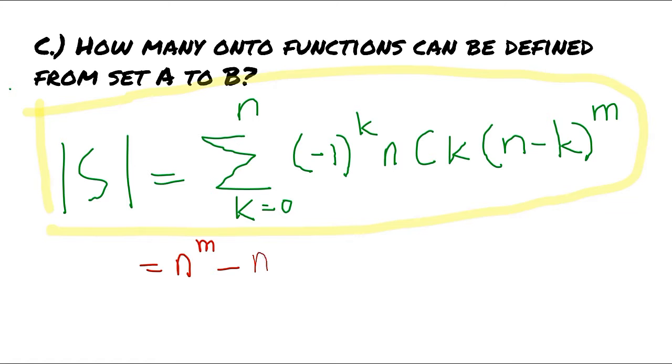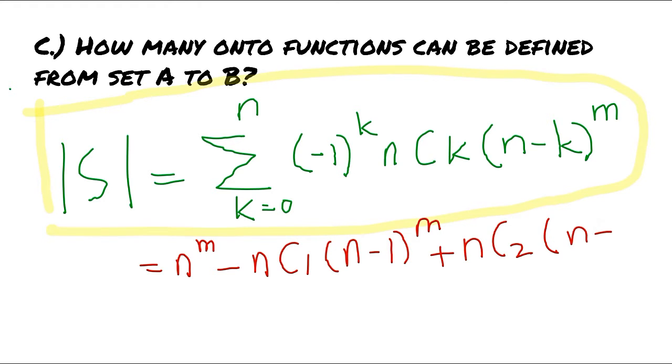So this will become n combination 1 times (n minus 1) raised to m. Then this will be positive: n combination 2 times (n minus 2) raised to m, minus, and so on. So this is now the general formula for computing the number of onto functions.